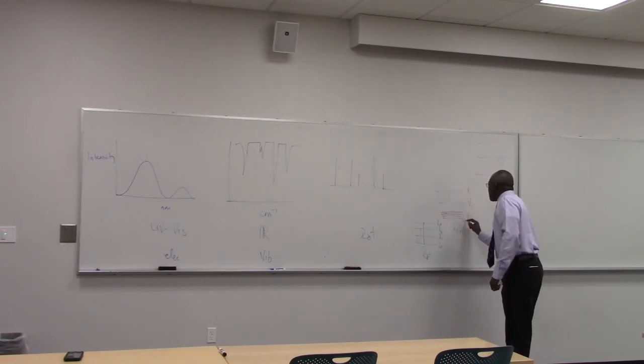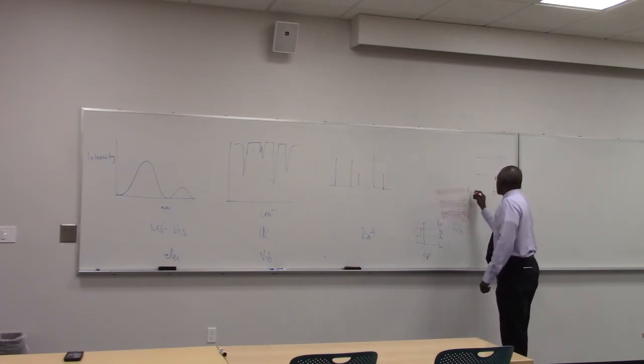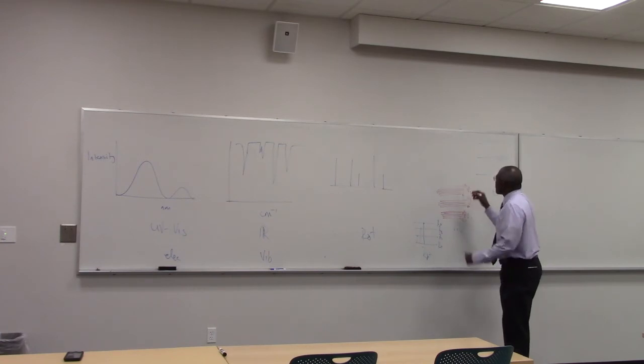So there'll be an R0, an R1, an R2, an R3, and an R4. Same thing with V1. V1 will be associated with a whole cluster of rotational energy levels. R0 to Rn, R0 to Rn.